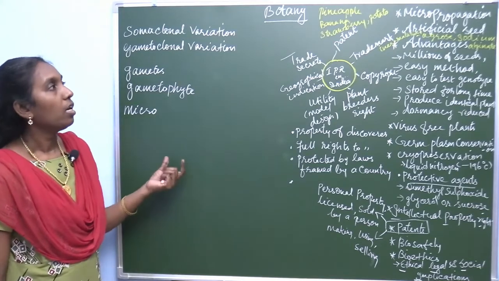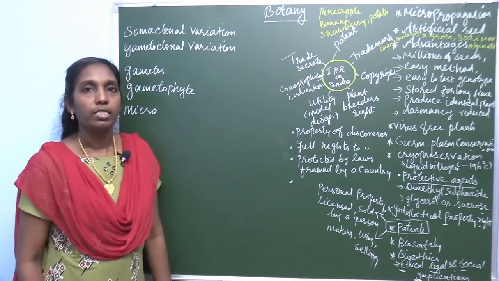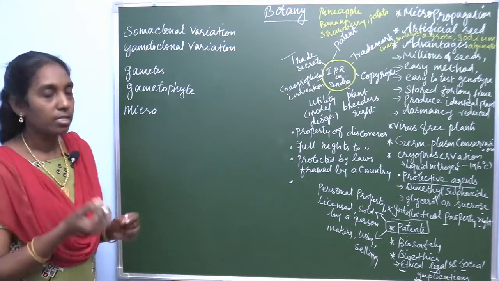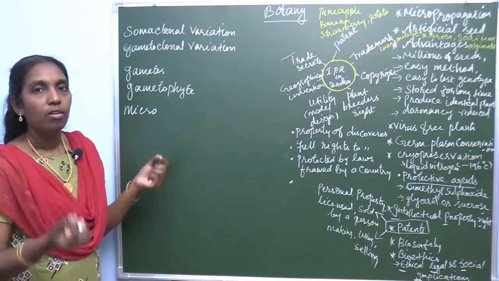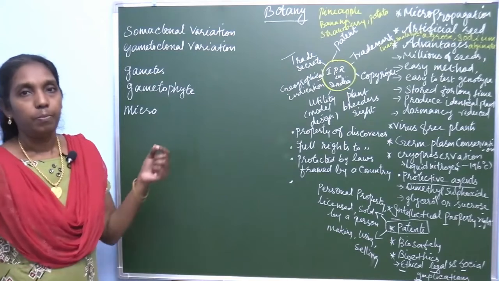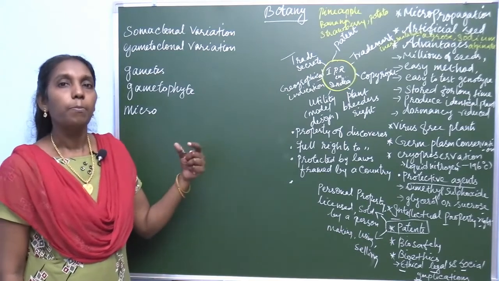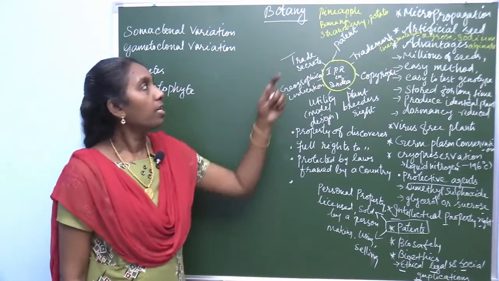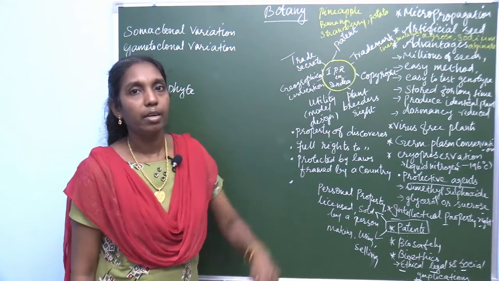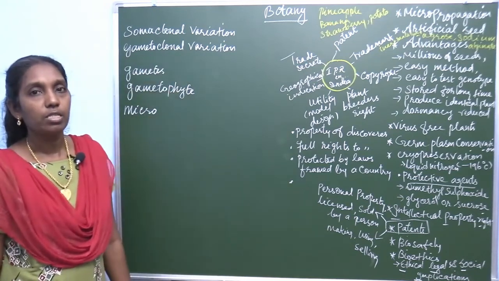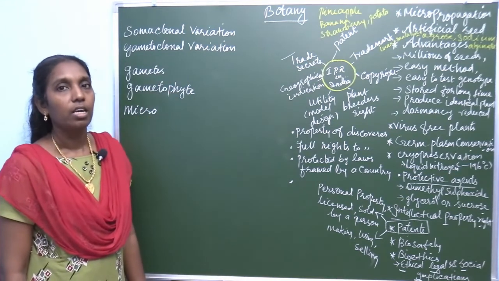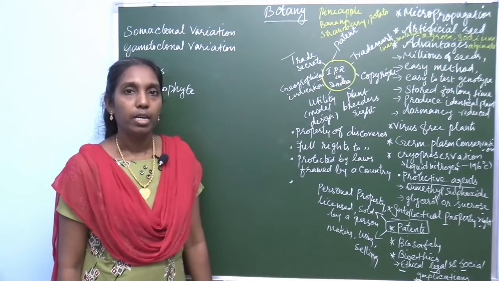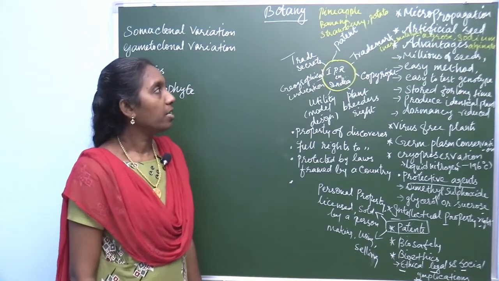A number of plantlets will be produced from a single cell or single small part. It is commonly seen in pineapple, banana, strawberry and potato. These are the examples of plants used for micropropagation.